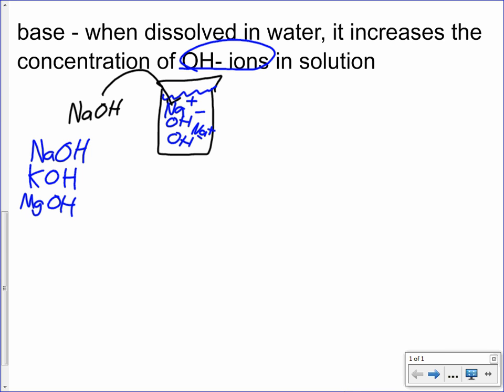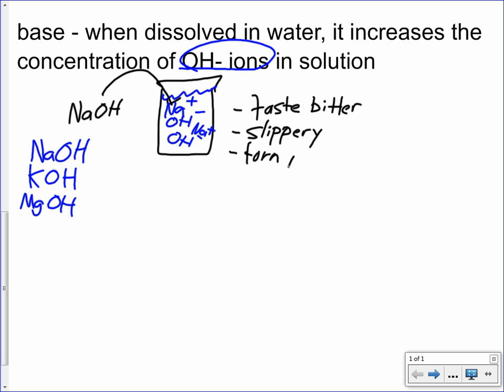Some other things about bases: whereas acids taste sour, bases taste bitter. Bases are often slippery, kind of like soap.